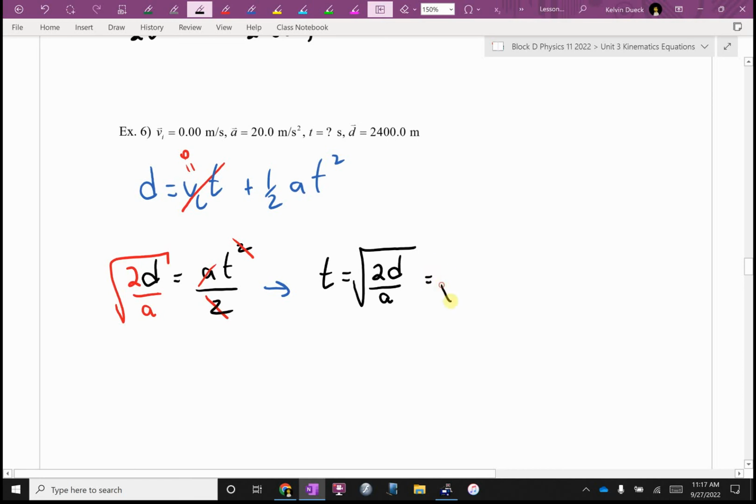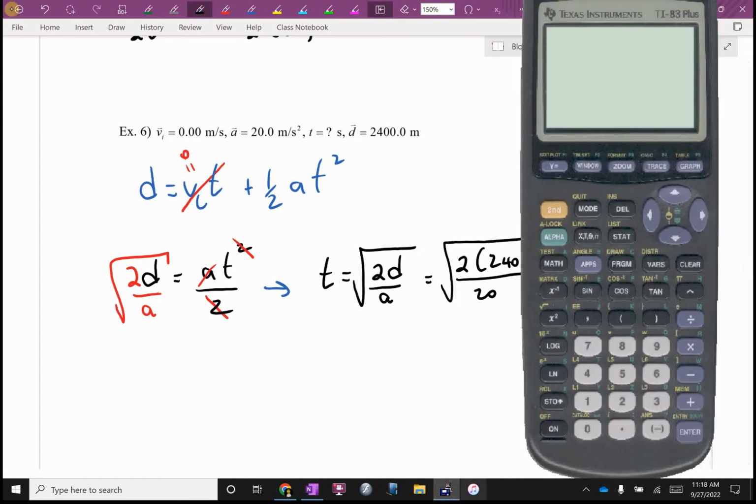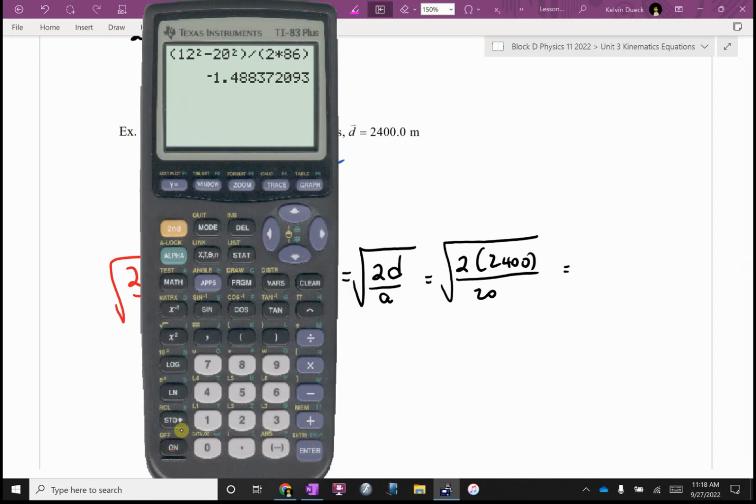Let's plug in our numbers. 2 times 2,400 all over 20. What do you get? Again, I'm going to type what's inside the square root. 2 times 2,400 divided by 20.